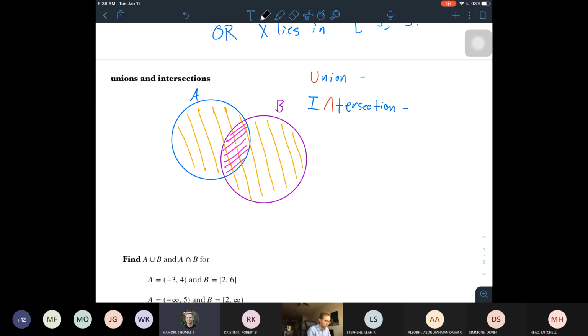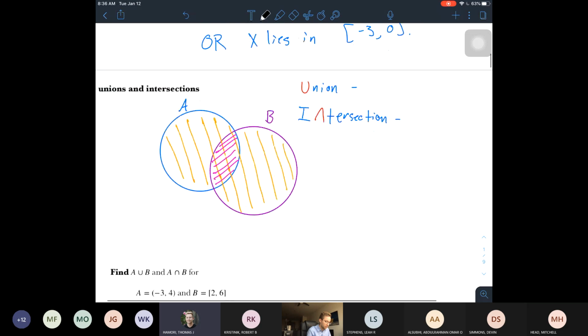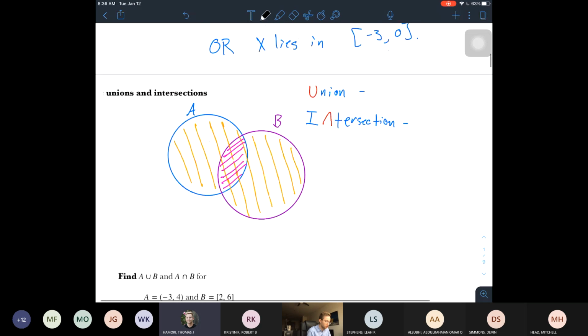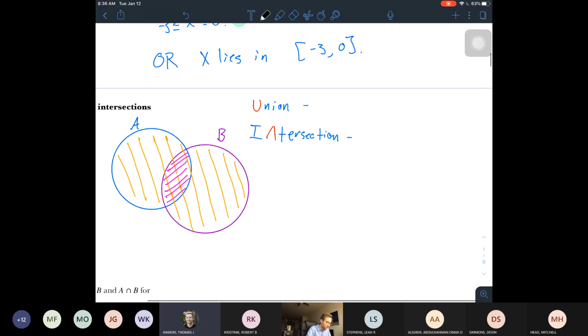Okay. So carrying on, if we have two sets A and B, we have these operations unions and intersections. And let's describe first what a union is.